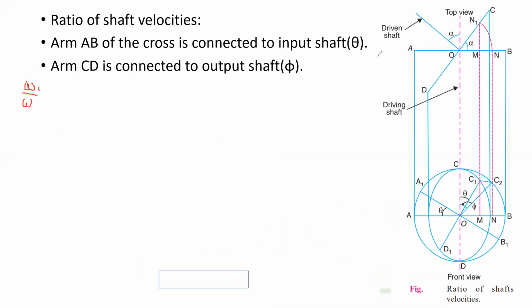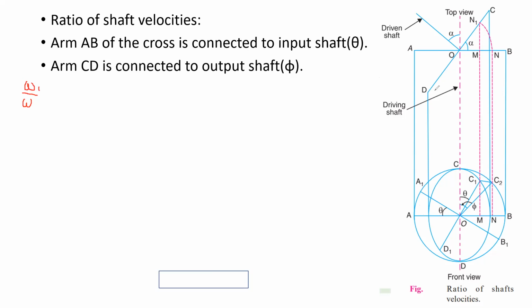Okay. So first you need to understand the geometry of the hook joint. So here arm AB of the cross is connected to the input shaft. Here you can see it is the front view and it is the top view. Okay.